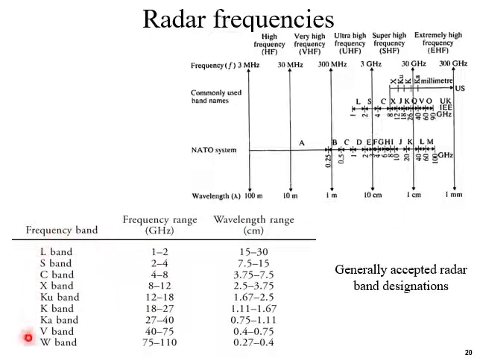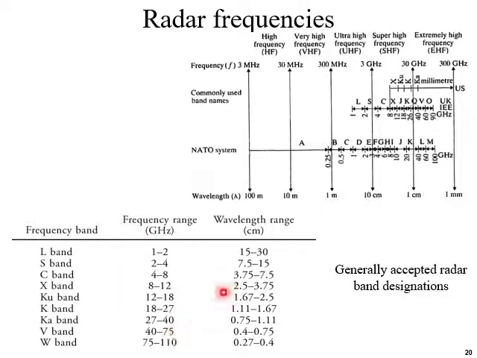We have some radar frequencies. These are the generally accepted radar frequency designations. L band frequency range is 1 to 2 gigahertz, S band 2 to 4, C band 4 to 8, X band 8 to 12, Ku band 12 to 18, K band 18 to 27, Ka band 27 to 40, V band 40 to 75, W band 75 to 110 gigahertz.